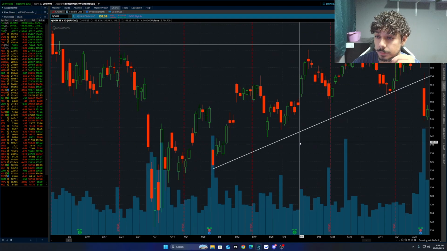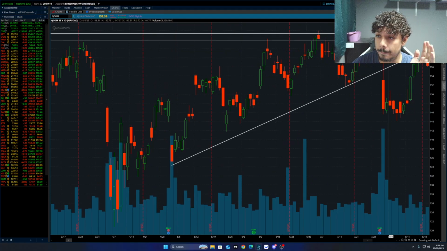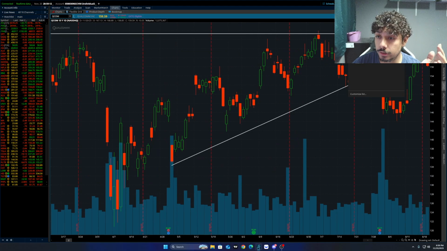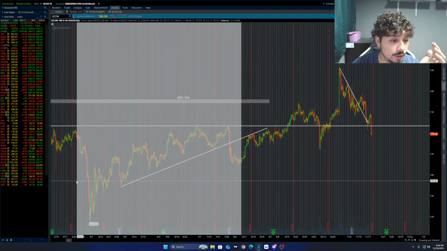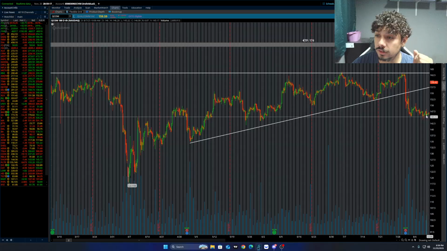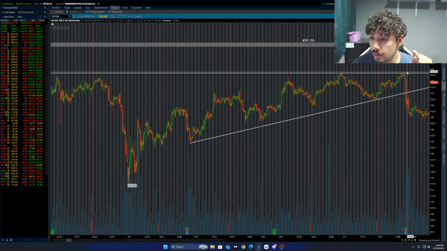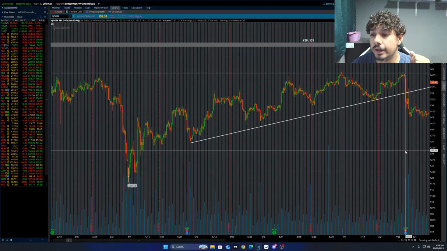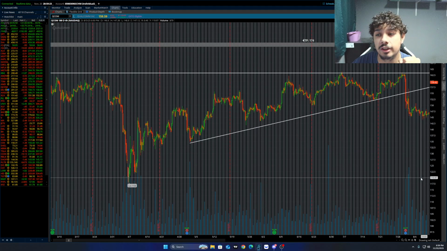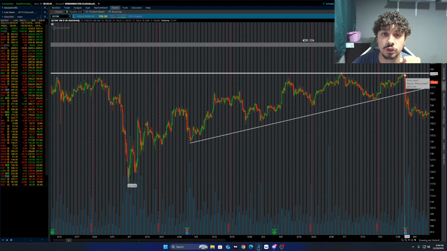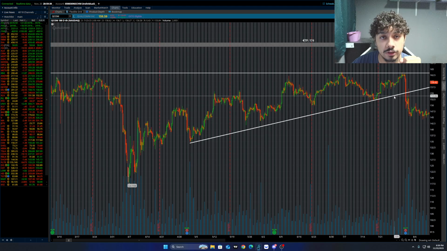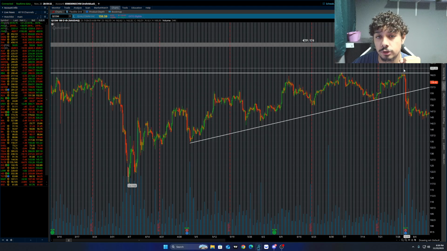As we see pressure building up, I'm like, okay, once it breaks this, it's probably going to start shooting up. It's probably going to start trading above that. What happens as soon as it touches again? Sells right off. That's why I say just because it's at supply, building pressure doesn't mean it's going to continue to go up.